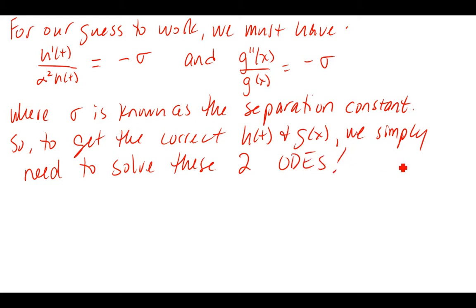I'll put an exclamation point of happiness, right? Each of those is just an ODE. And if we could solve those, we smash them together, and that becomes the solution to our PDE. Okay? So we're going to do these one at a time.